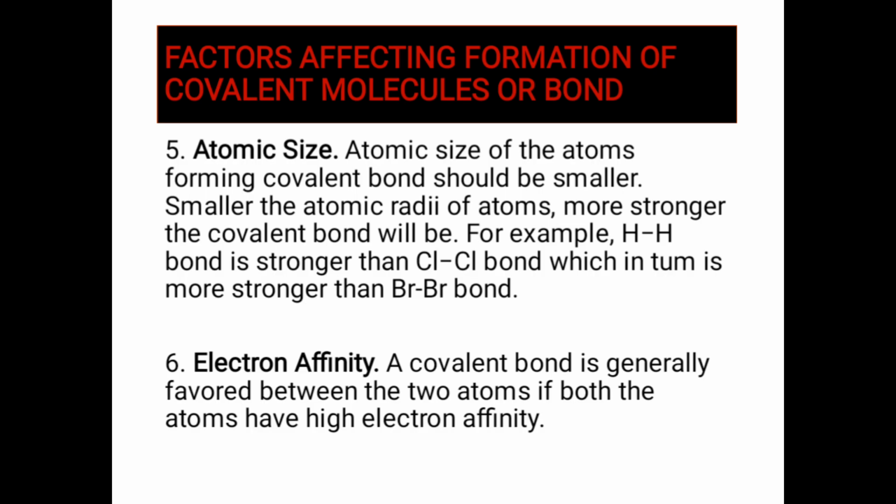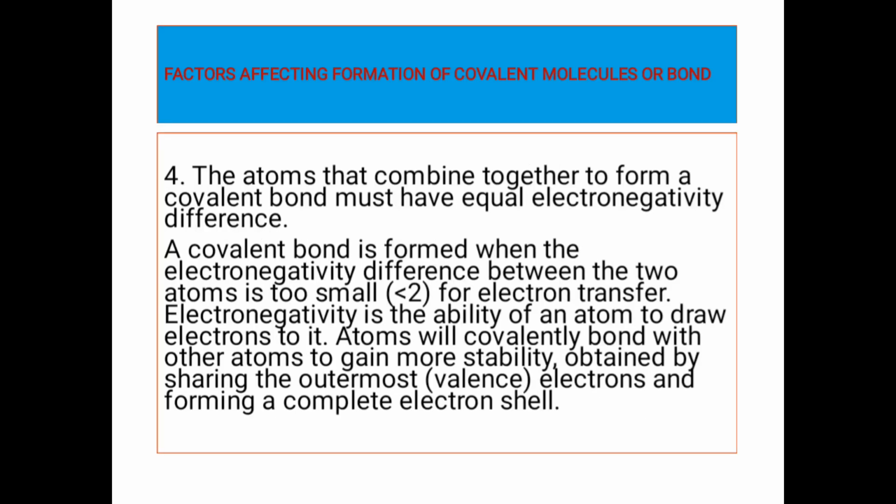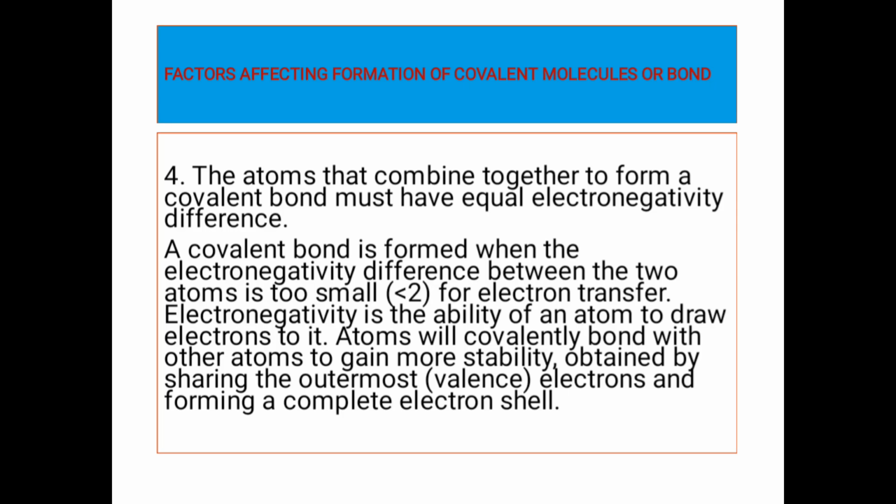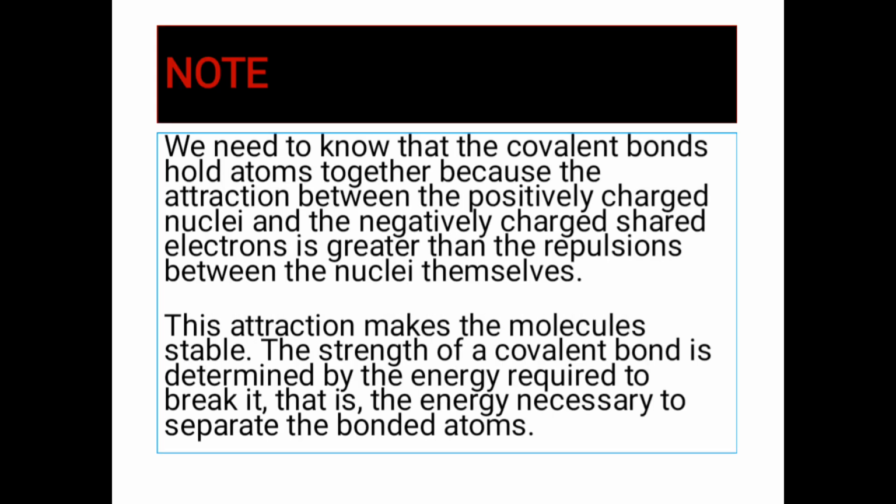So high electron affinity, small atomic size, very small electronegativity difference, presence of valence electron, equal forces of attraction, and of course high ionization energy. So all these are factors that determine formation of covalent compounds, or factors affecting formation of covalent bonds respectively.